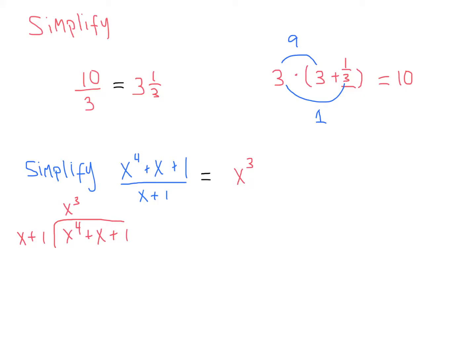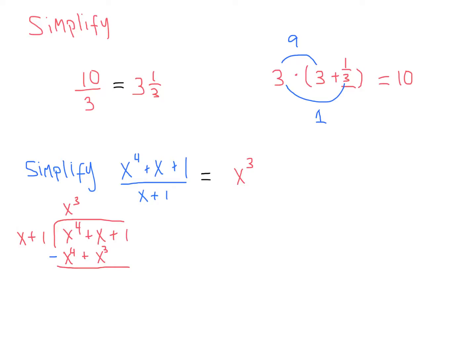If I multiply x plus 1 times x to the 3rd, I get x to the 4th plus x to the 3rd. Now I want to subtract away everything that I get.